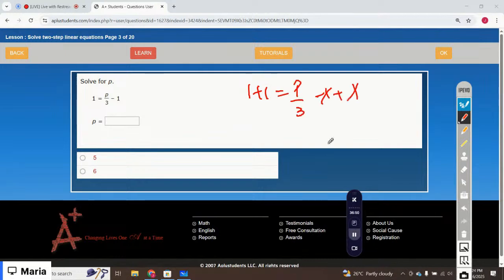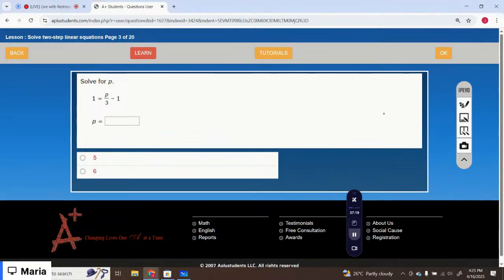P over 3 equals 2. Then P equals 6. Option number 2 is the correct option.